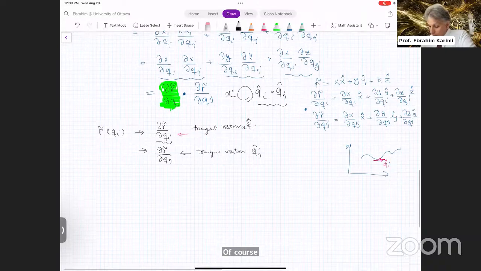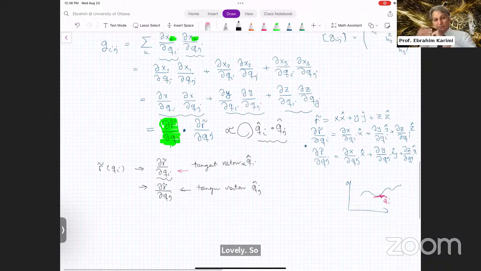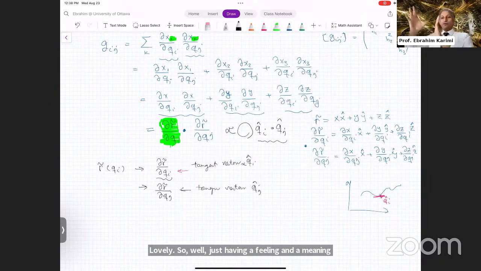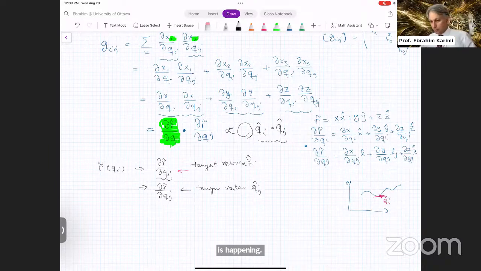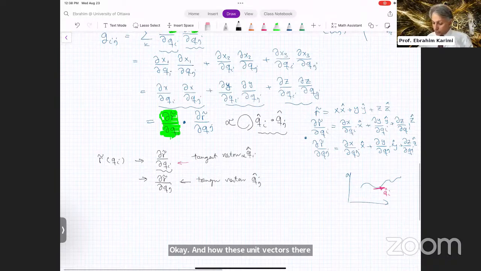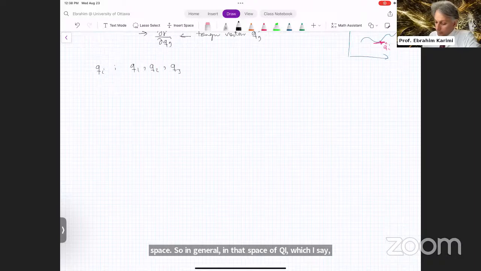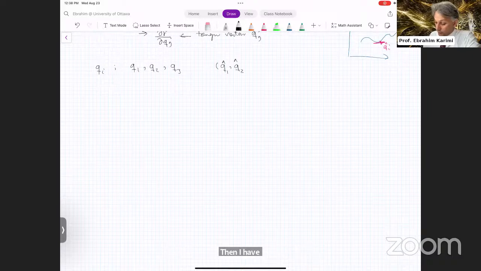Just having a feeling and a meaning about the metric, it tells you how this transformation is happening, and how these unit vectors are formed in the space. So in general, in that space of Qi, which means Q1, Q2, and Q3, I have three mutually orthogonal vectors.